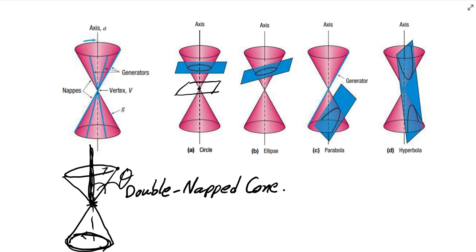So if the plane contains the vertex of the cone, the intersection of the plane and the cone is going to be a single point, or it could be a line in the case of a parabola. Here's a surface, and the surface right there, see, it contains the vertex. So the parabola actually, we say, degenerates to a single line.